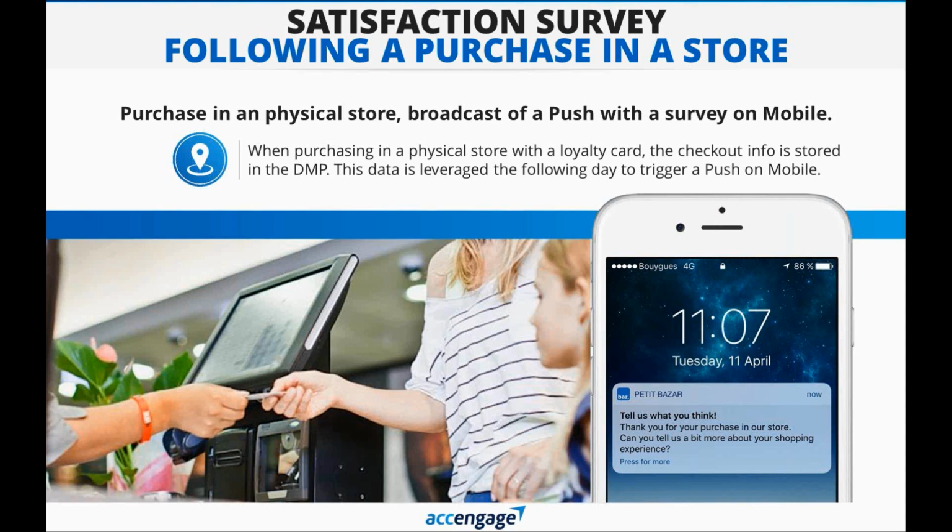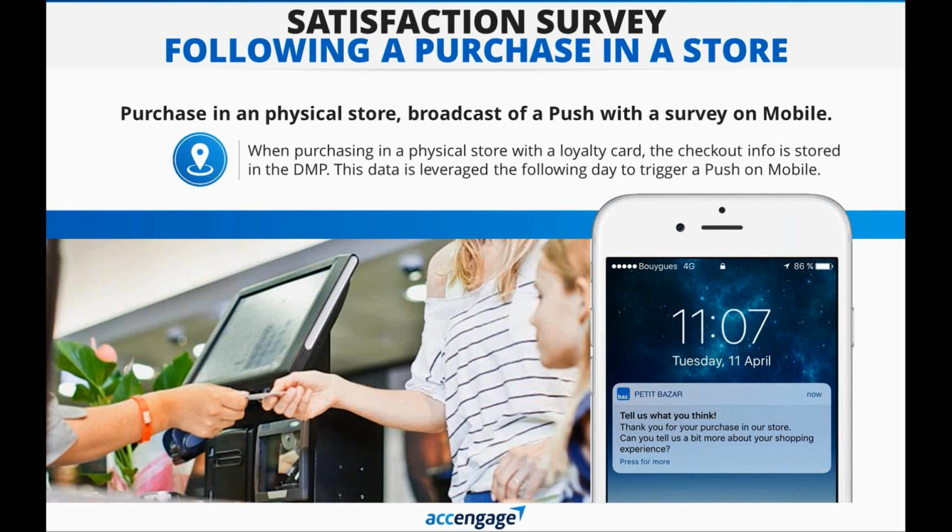Now, if we look at purchases in a store, this information can also be stored in the DMP, and therefore it can be leveraged in order to send multi-channel campaigns. In this example, a customer of yours makes a purchase inside a store. This information is captured by the DMP, and the next day you can trigger a push notification on mobile to ask for a satisfaction survey.